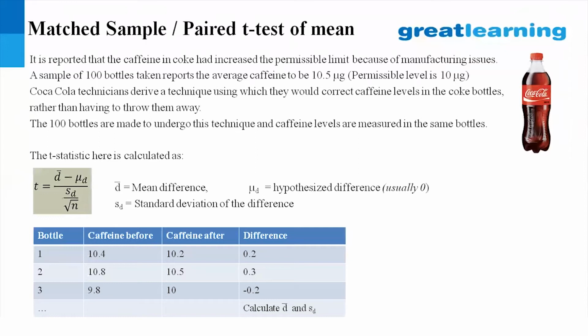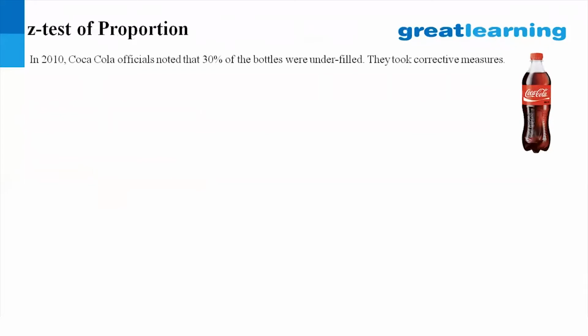One more kind of test we can do is the test of proportion. So far I was just measuring the mean volume that was available in the bottles. Sometimes you also need to do a test of proportion, and there we do a z test. So in a test of proportion, we are not considering the volume or the mean volume contained.